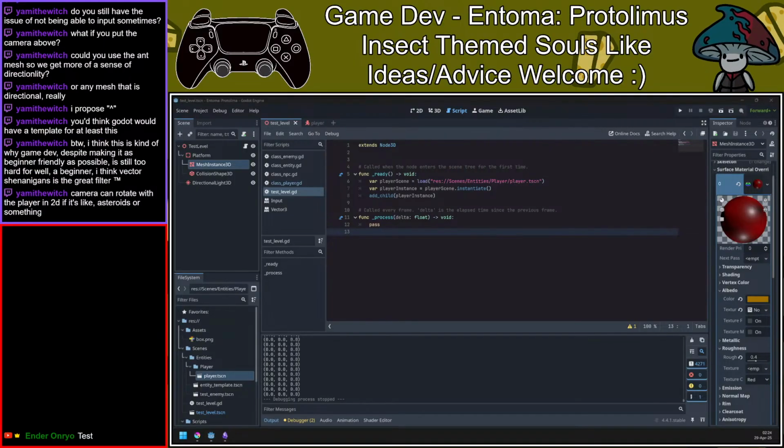What? Steam, you're not gonna let me hit F12 to screenshot? Camera can rotate with the player in 2D if it's like Asteroids or something? I suppose that's a good example.